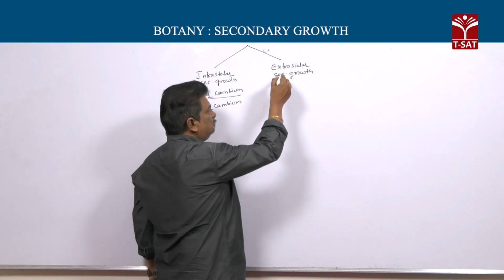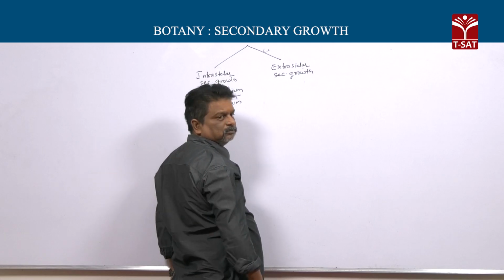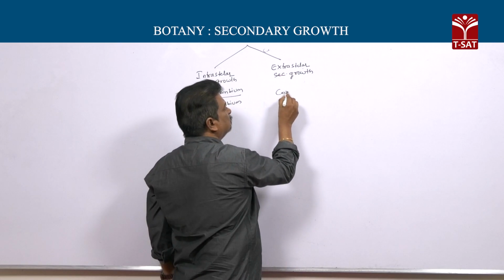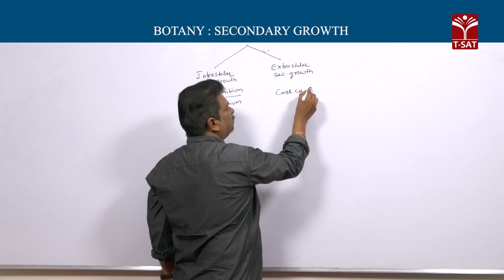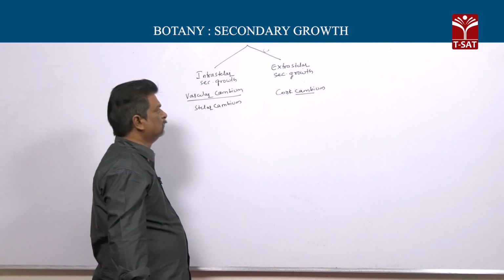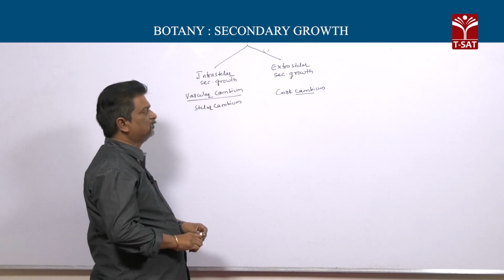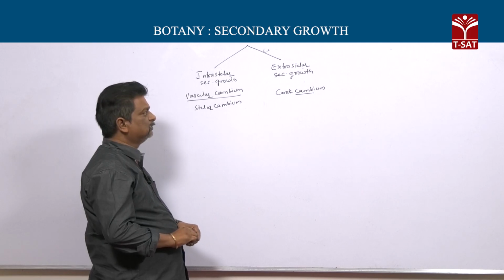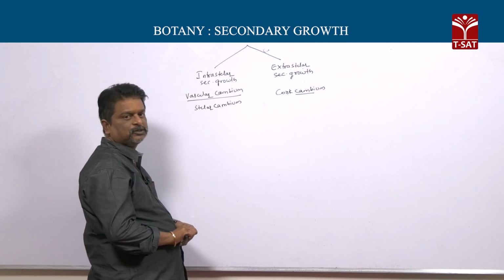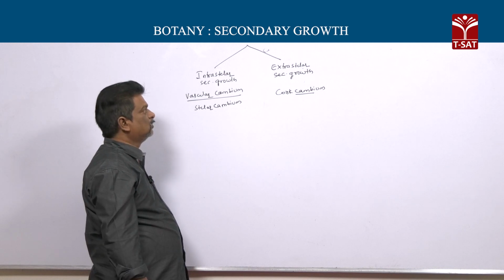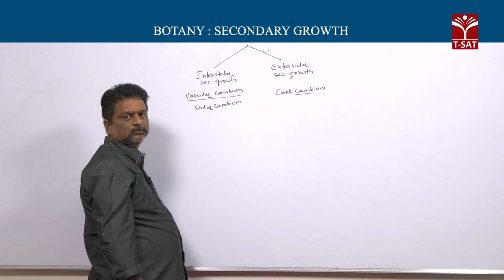Then, which cambium is responsible for extrastellar secondary growth? Cork cambium. And this extrastellar secondary growth occurs in the cortex. So, cork cambium is called cortical cambium.